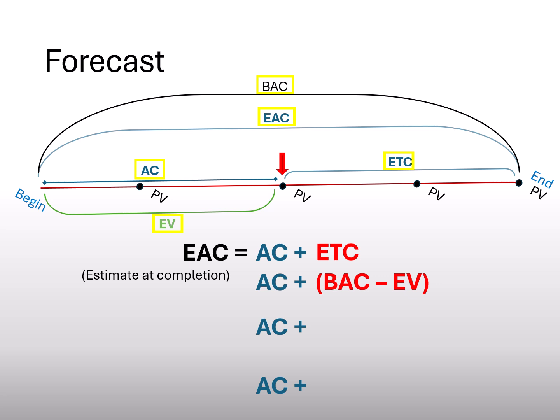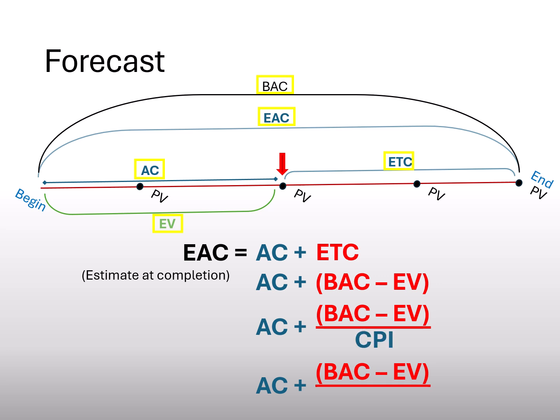For the third and fourth ways, we will repeat the last calculation, but we need to divide it by the indices I computed before. First, dividing by the cost performance index, CPI, and for the final one, by the product of CPI and SPI.